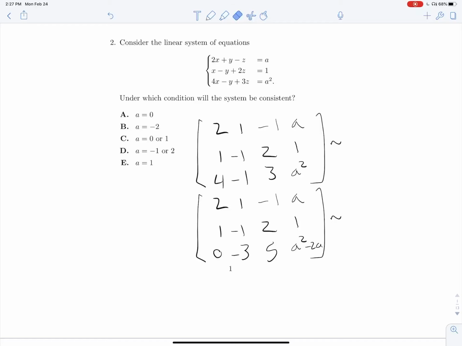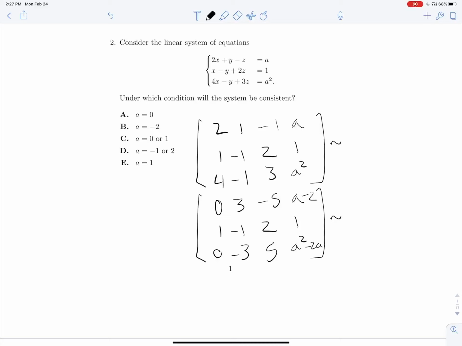Subtract 2 row 2s from row 1. We will get 0, 3, minus 5, and a minus 2.